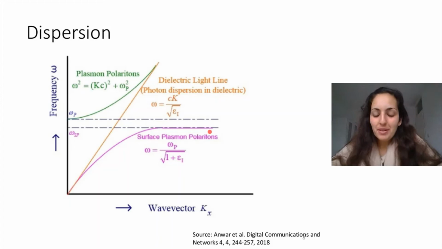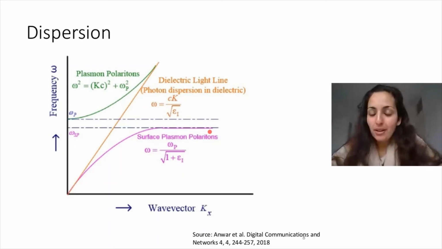Can someone type it in the chat? What does it mean for the propagation of the light? Exactly. The group velocity is 0 or approaches 0.